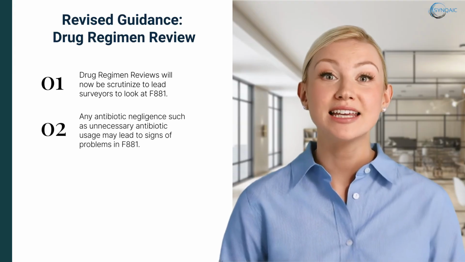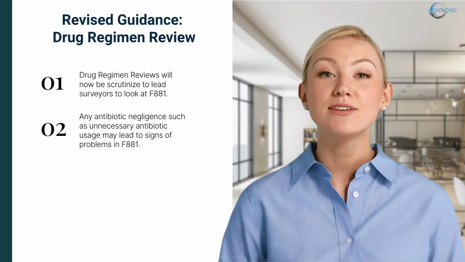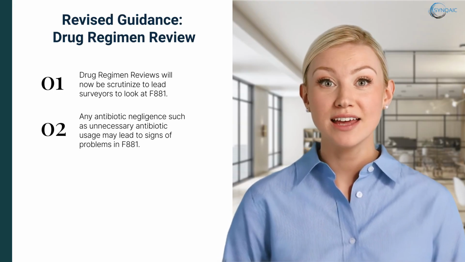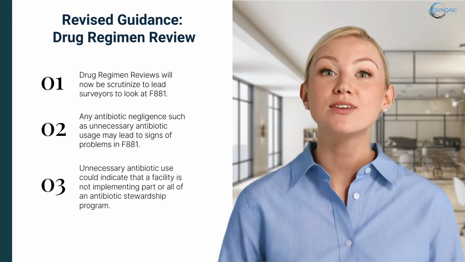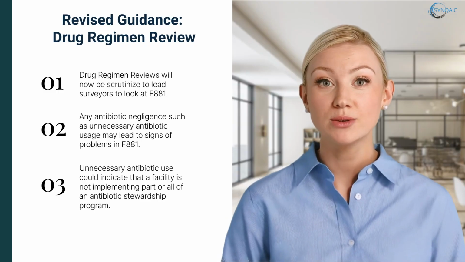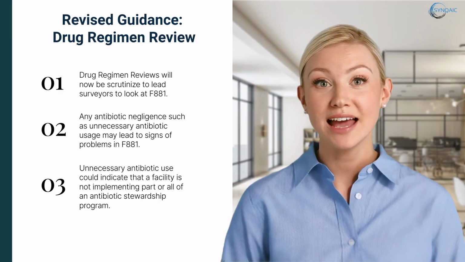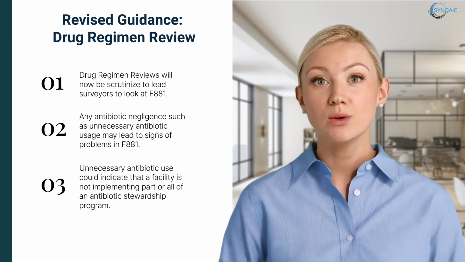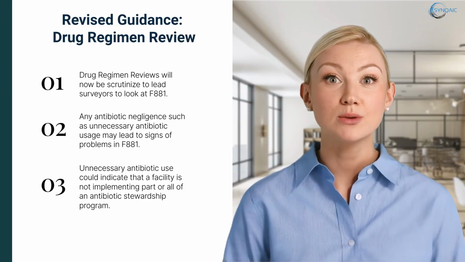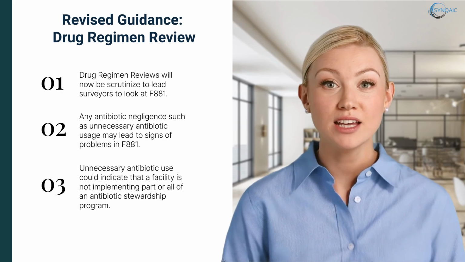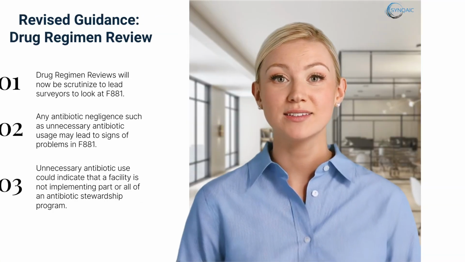Any negligence in antibiotic usage, such as the unnecessary use of antibiotics, may result in issues related to F881 compliance. Further scrutiny will be placed on looking at whether the unnecessary antibiotic use could indicate that a facility is not implementing part or all of an antibiotic stewardship program, which entails using protocols which include using an infection assessment tool, monitoring of antibiotic use, and feedback or education to prescribing providers.